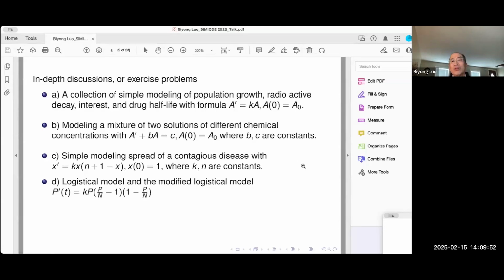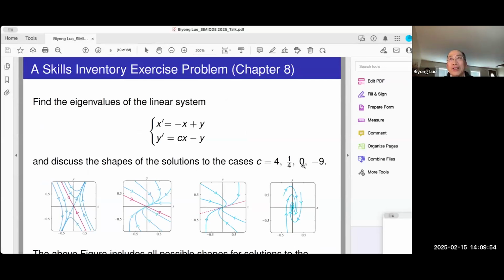Next is chapter 8. After students start chapter 8, linear systems of ODEs, I will give them a skills inventory exercise problem.